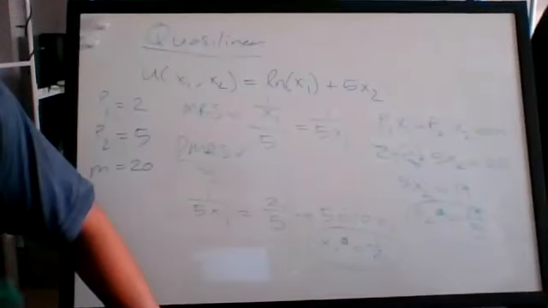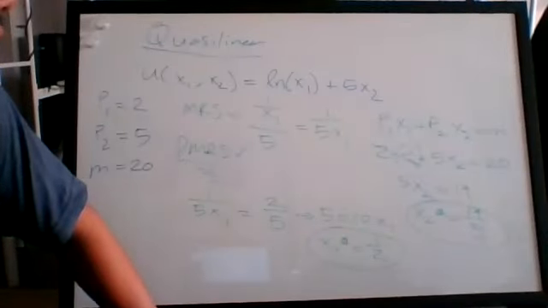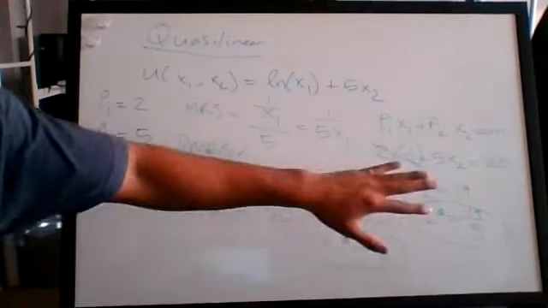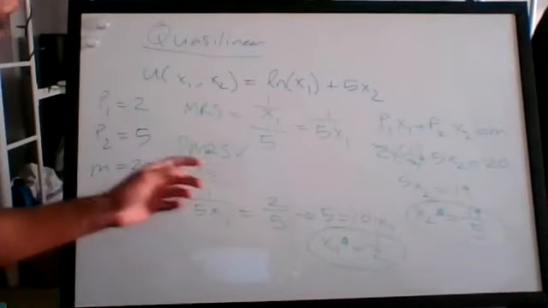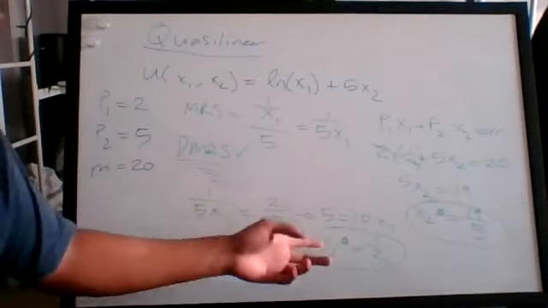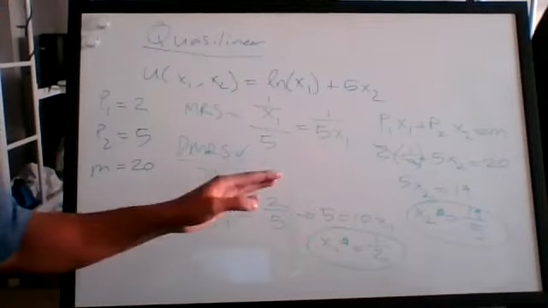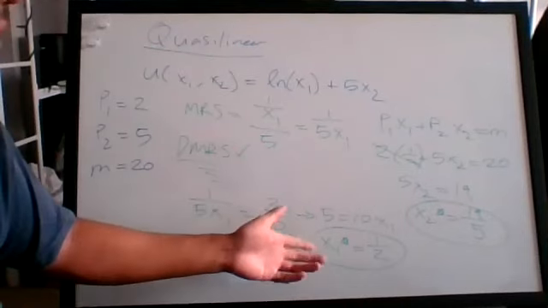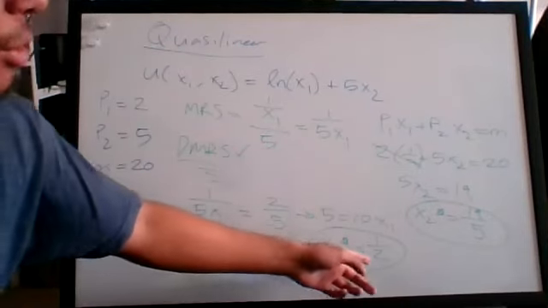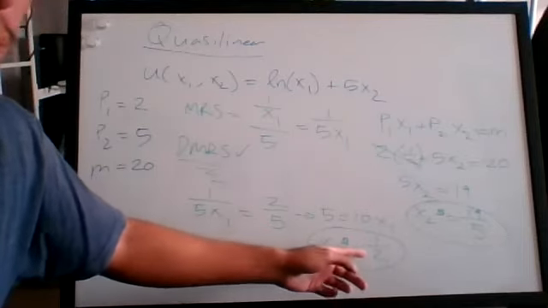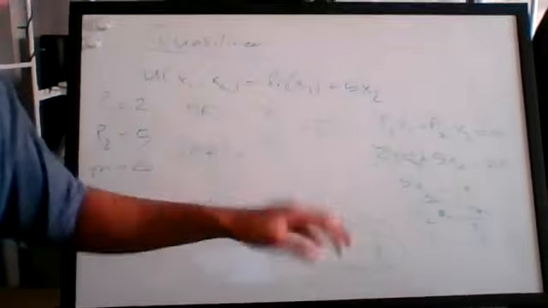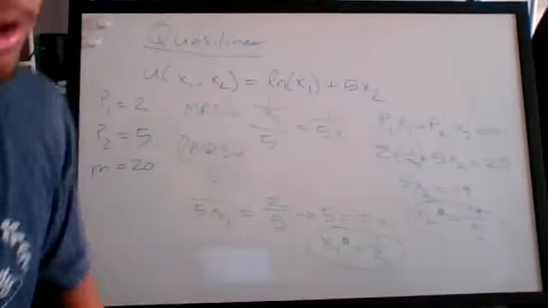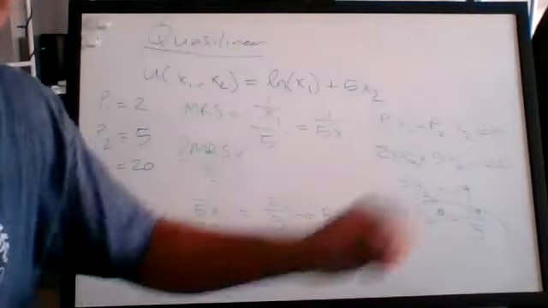If we only had 50 cents, then all 50 cents would have been allocated towards good 1, and we would have gotten no good 2. Pretty much you spend as much money as you can on good 1 up until you've consumed this optimal amount, which happens to be 1/2. And then after you've reached this optimal amount, then you can start buying good 2. So you buy good 1 first, and then you buy good 2.